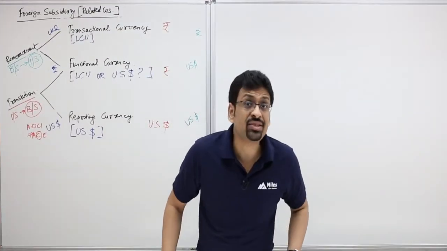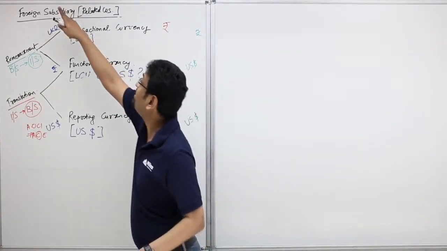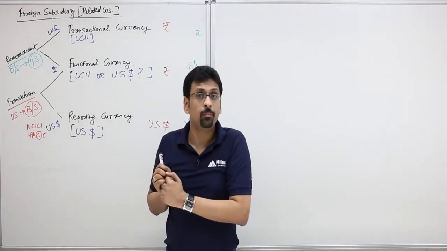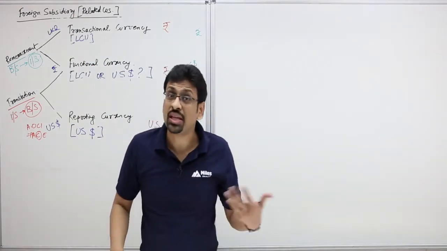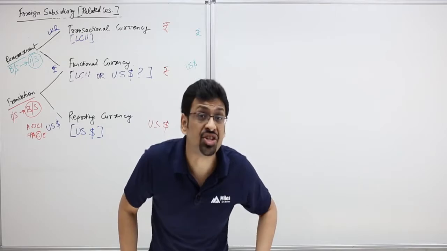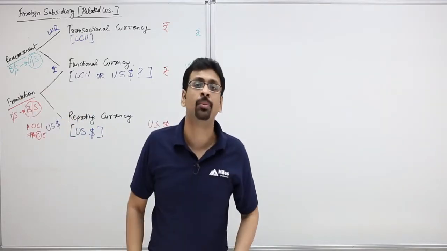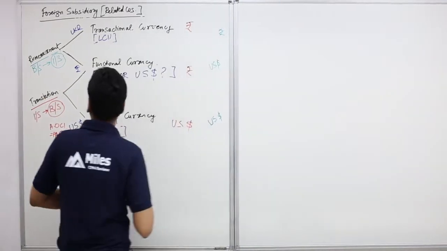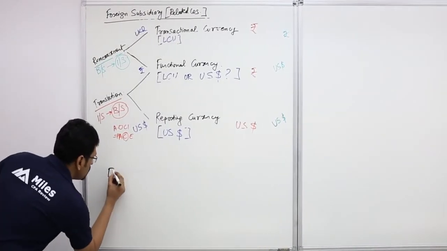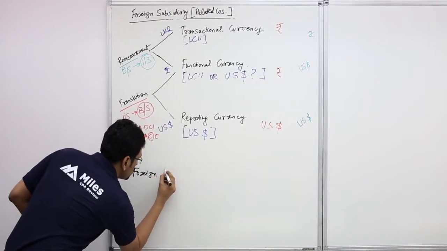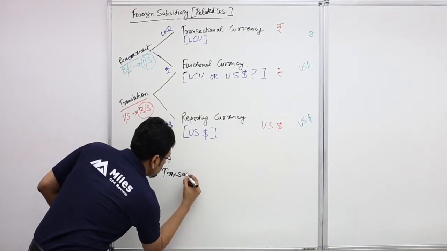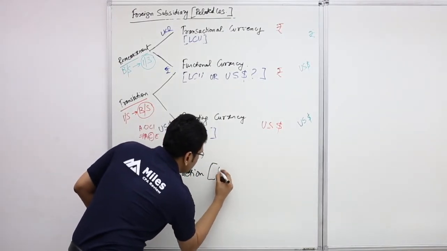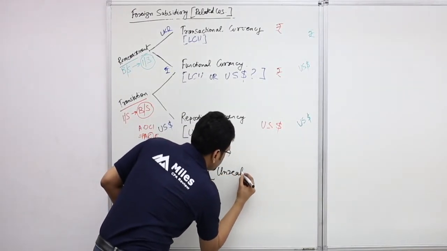We've looked at foreign currency accounting in case of a foreign subsidiary, a related company. Now let's talk about standalone foreign transactions with unrelated companies abroad. So now we're looking at foreign transaction with an unrelated company.